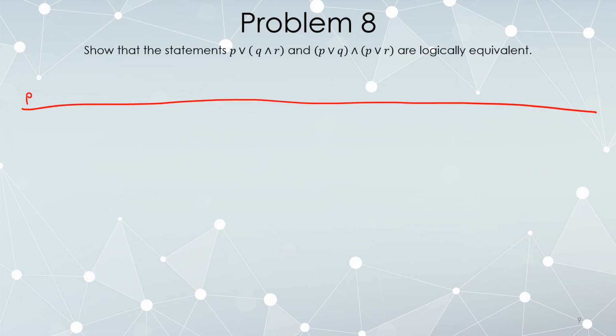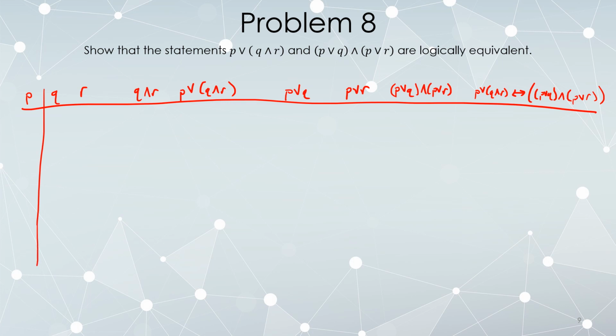Okay, we need P, Q, R. On the left, we need to build up Q and R, and then we can do this disjunction. On the other one, we'll need P or Q, we'll need P or R, but then we can make the conjunction, P or Q and P or R. And finally, we can do the biconditional of P or Q and R if and only if P or Q and P or R. All right, column divisions.